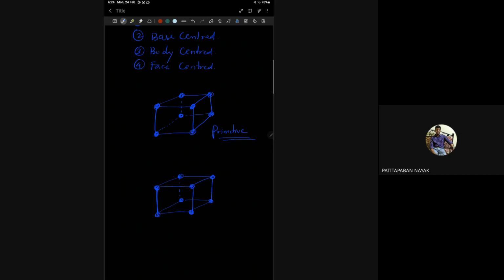So we take the diagonal of the base. This is one diagonal, this is the other diagonal. So this is one base. Another base is here on the top. If another two atoms exist, one over here and one over here, not on other faces, only on the top and the down plane, then that is called base center.